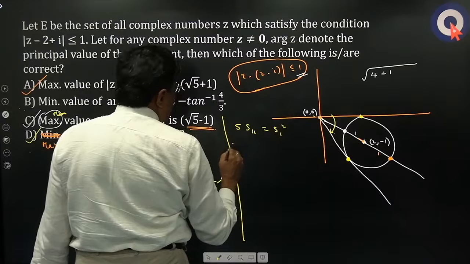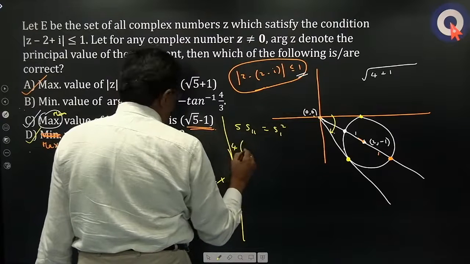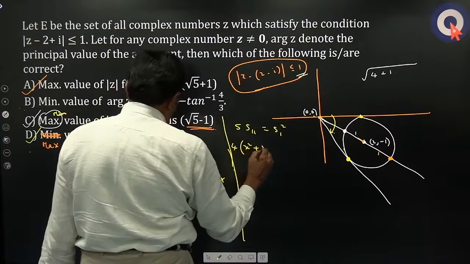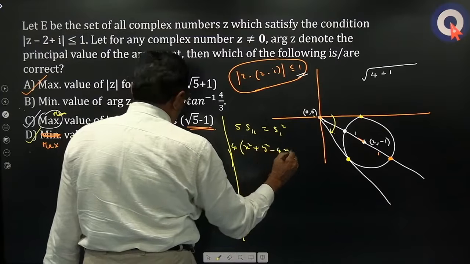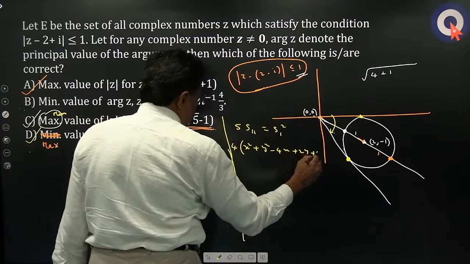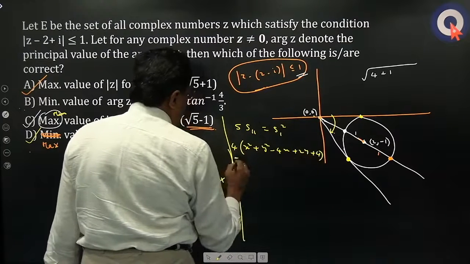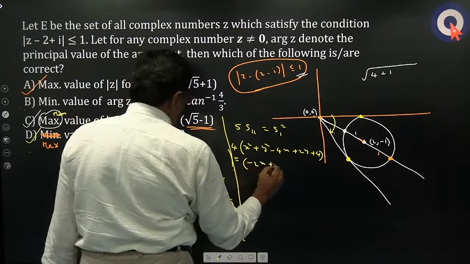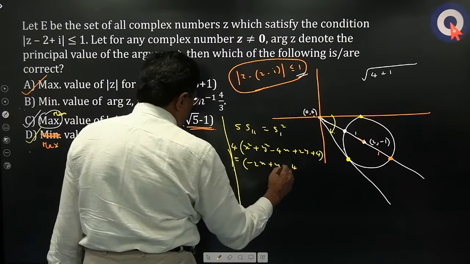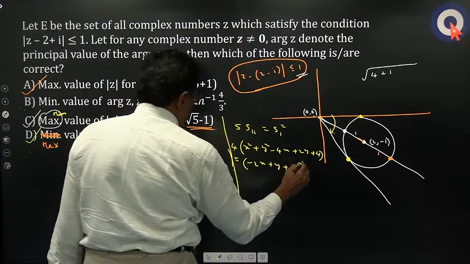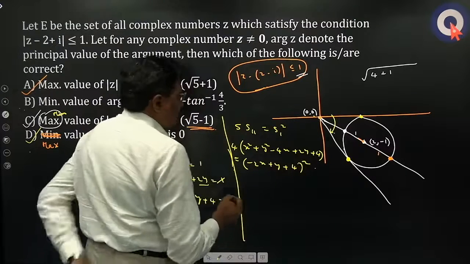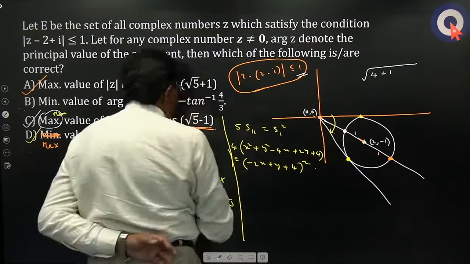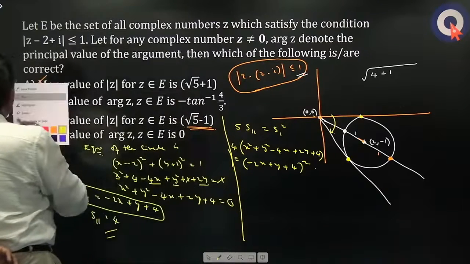So S11 is 4 into S, which is x square plus y square minus 4x plus 2y plus 4, is equal to S1 square, which is minus 2x plus y plus 4 whole square. I'll do a little simplification here.